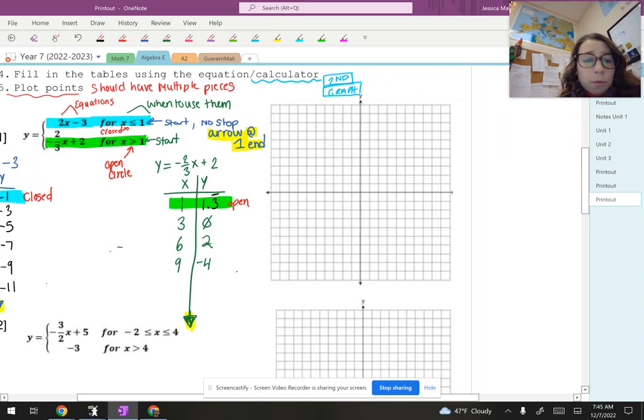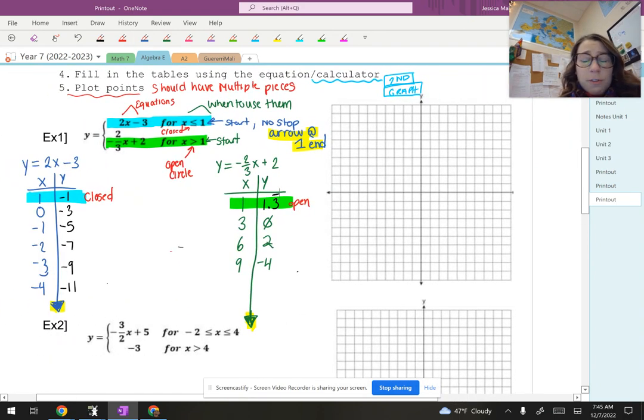1, -1 is going to be a closed circle, and feel free to either pause or fast forward through this plotting here. Okay, so 1, -1, closed circle, and you will notice the pattern soon. 0, -1, 2, 3, -1, -5. I'm just going down 2 over 1.